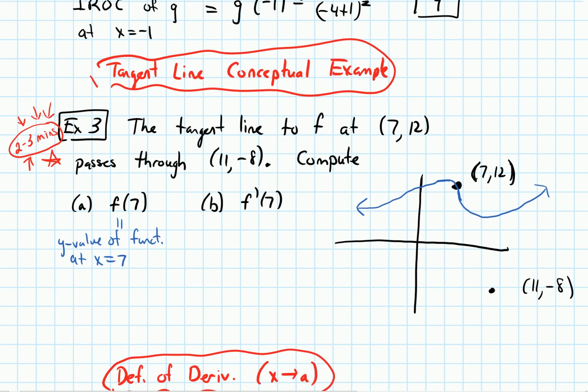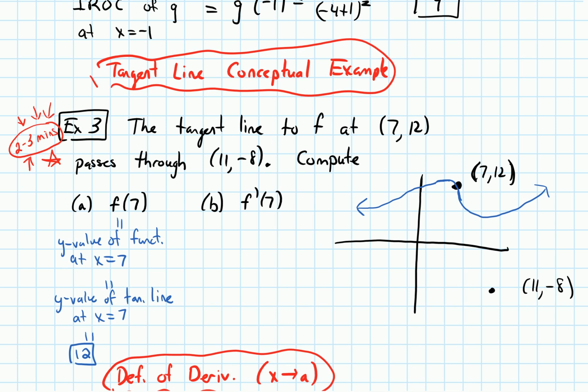But the y value of the function at x equals 7 at that point of tangency is the same as the y value of the tangent line, because they both pass through that same point. The y value of the tangent line at x equals 7 we know is 12, because that's given to me. It's given to me that the y coordinate is 12. Okay, so we know what f of 7 is.